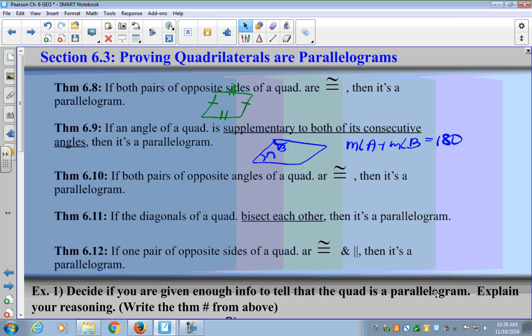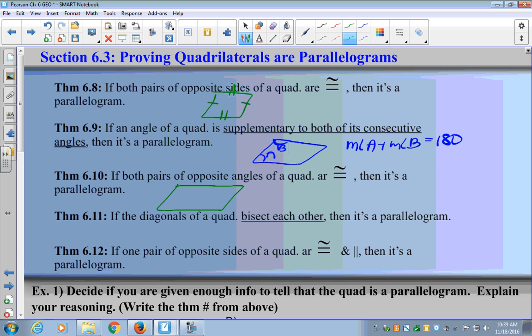Okay, and then Clayton's going to read 6-10. If both pairs of opposite angles are congruent, then it's a parallelogram. So let's see if I can master drawing a parallelogram.